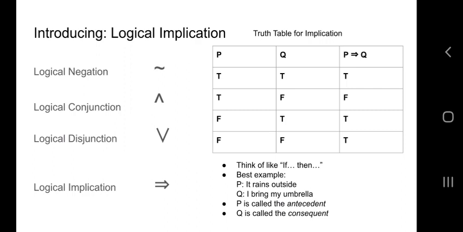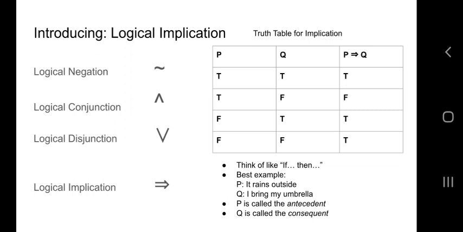Well, if P is true, we have to check that Q is true, and it is. So if P is true and Q is true, then P implies Q is true. That's just a fact.